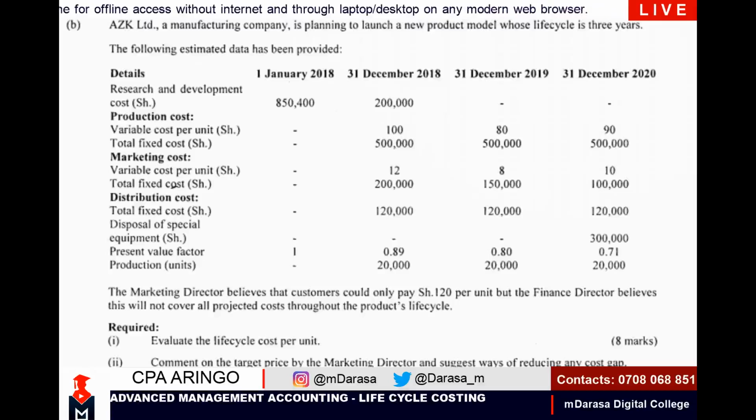And how many units are we producing for that year? Come down where we have production units. You can see I'm having 20,000 units. So take 100 per unit times our number of units, which is 20,000. That should give us the total variable cost as at the end of year 1.